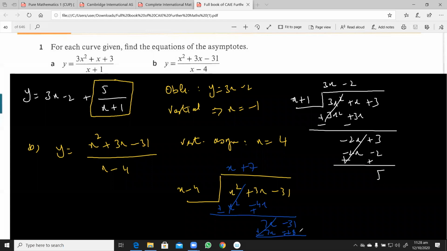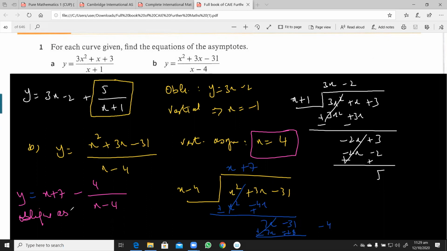So I have minus 4 left, yes? Let me change the color. This is not very prominently seen here. This is x plus 7, and then minus 4 over x minus 4. So this was already known that x equal to 4 is a vertical asymptote, and your oblique asymptote is going to be y equal to x plus 7.